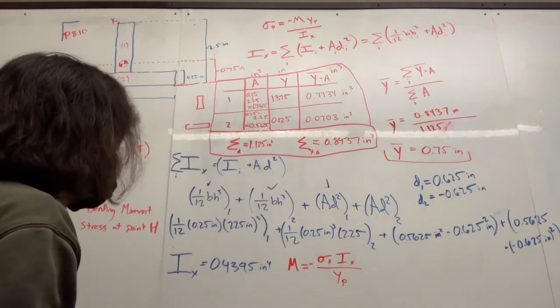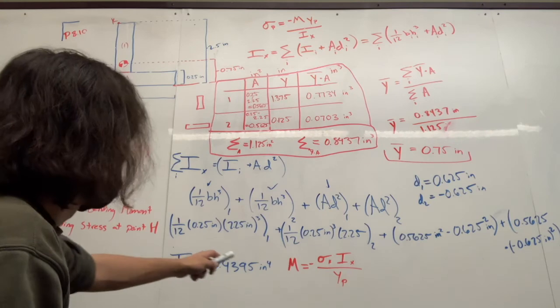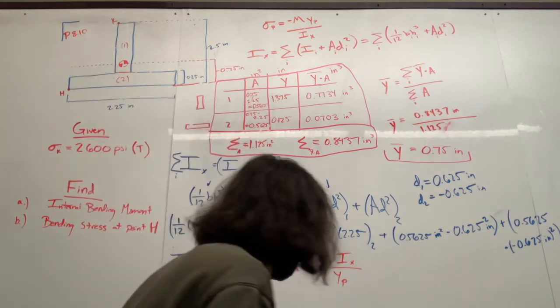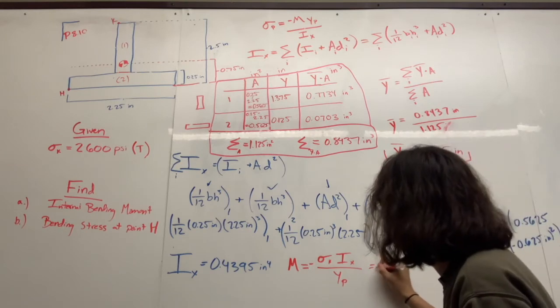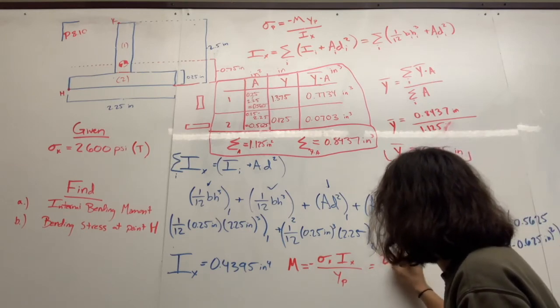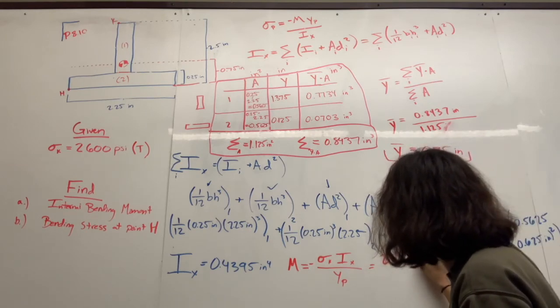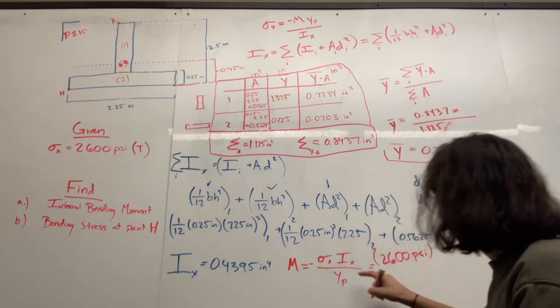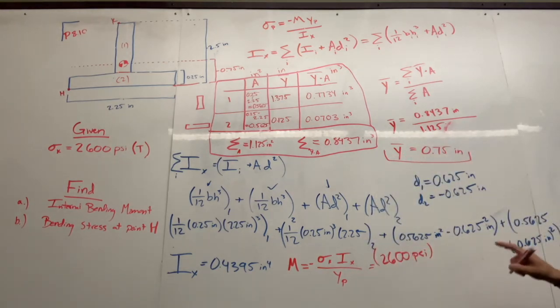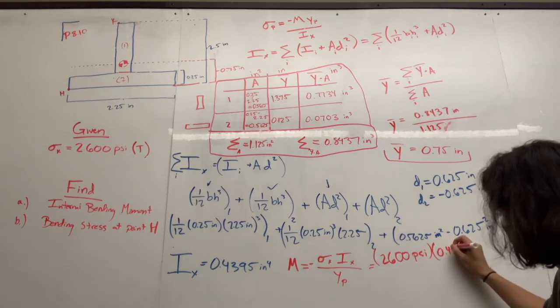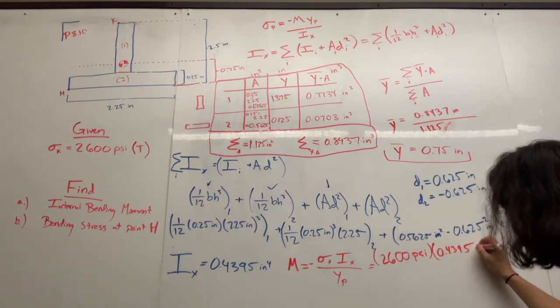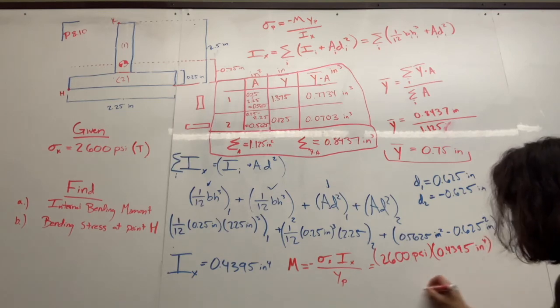So then we can just plug stuff in, because we have stress at K. We were given that, 2600 psi. I sub x, we calculated right there, times 0.4395 inches to the 4th.